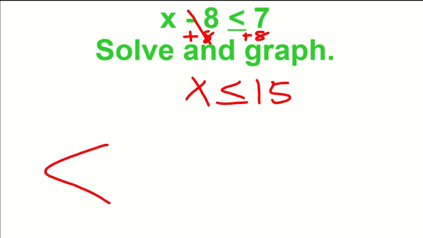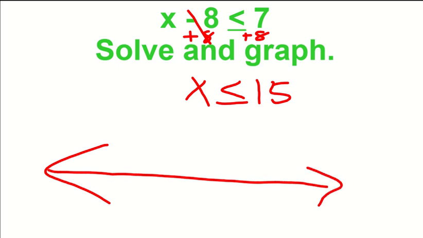So when we go to graph this, we got 15. Is this an open or a closed circle? Closed. We got filled in. So we got a filled in circle. Which way does my arrow go?